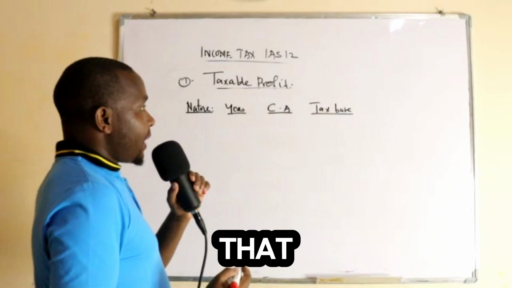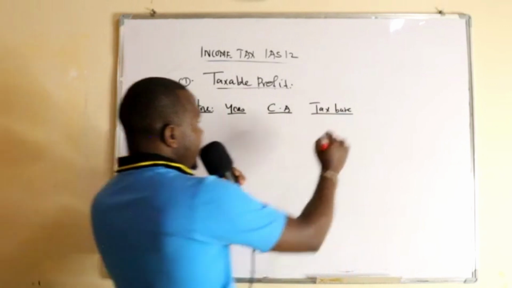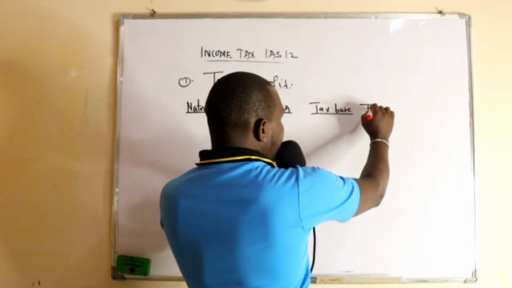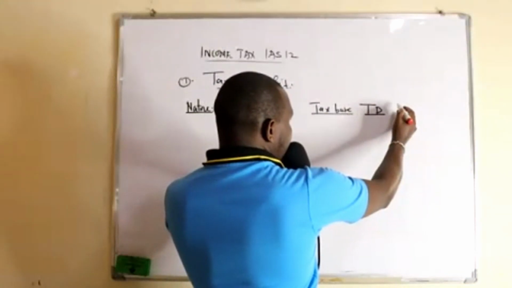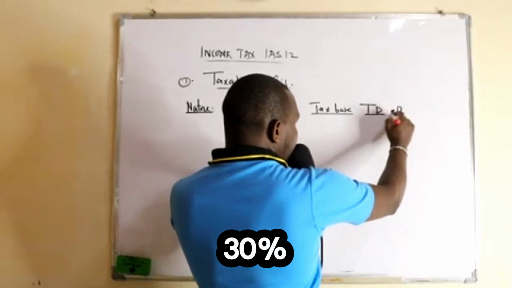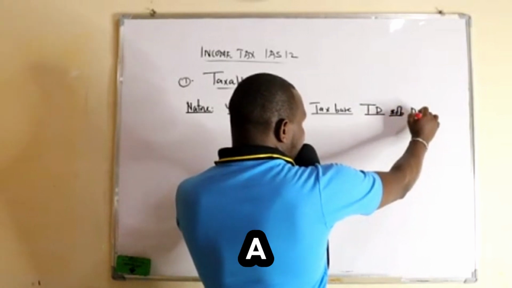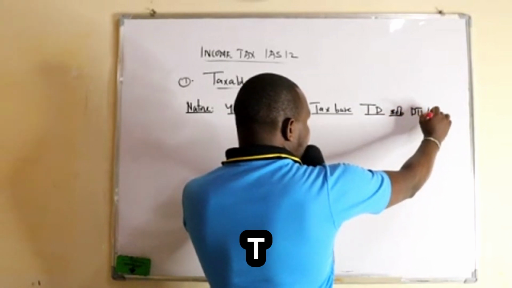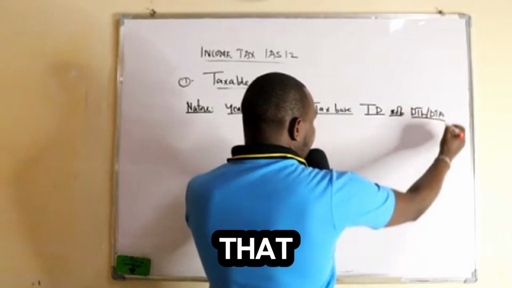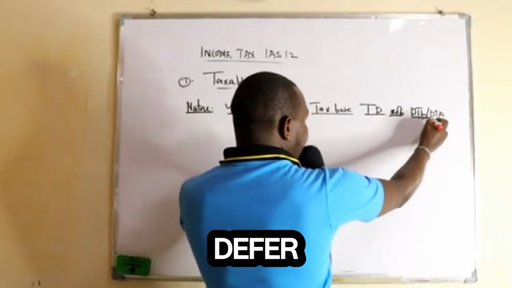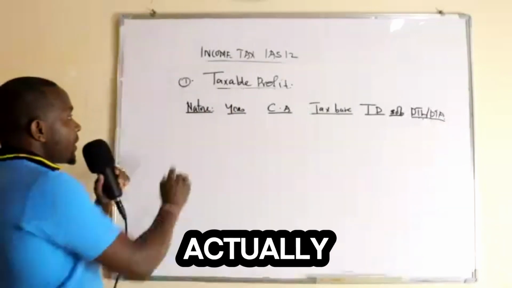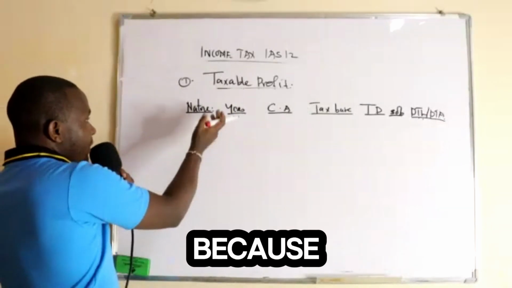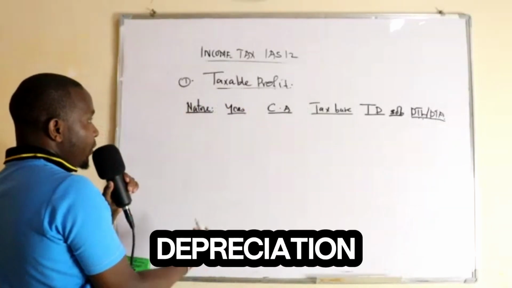When you get that, we get the temporary difference. And then 30%, that it can be either DTL or DTA. That is the deferred tax liability or the deferred tax asset. So the first, actually, you don't need even the nature because we all know it is all about depreciation.